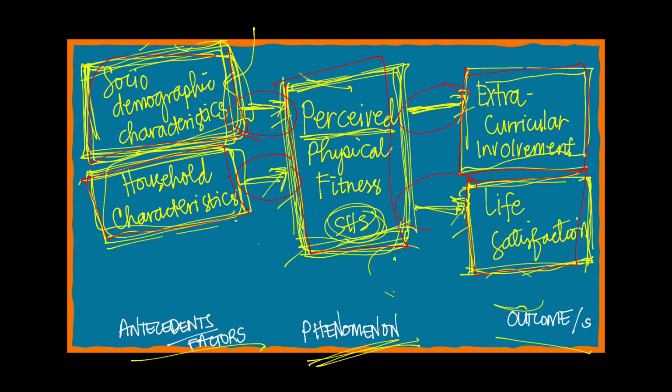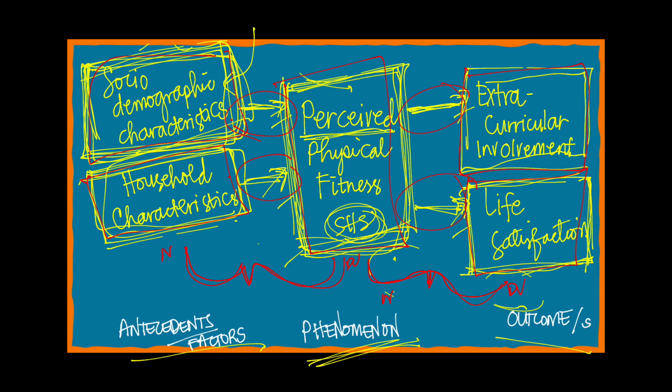But usually, we ask first the relationship between the factors or antecedents and the phenomenon, and then the main phenomenon to the outcomes. And then remember, in the relationship between antecedent and the phenomenon, the IV are your antecedents and your phenomenon is your DV. And in the relationship between the phenomenon and the outcomes, your IV is the phenomenon and the DV is your outcomes. So how do we ask that?